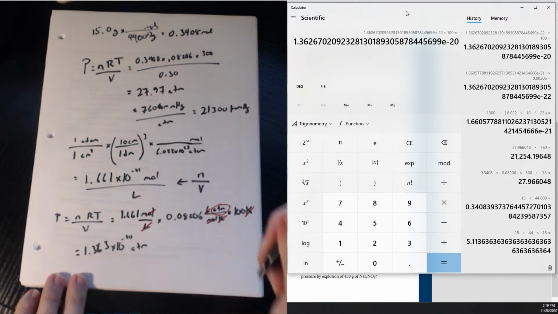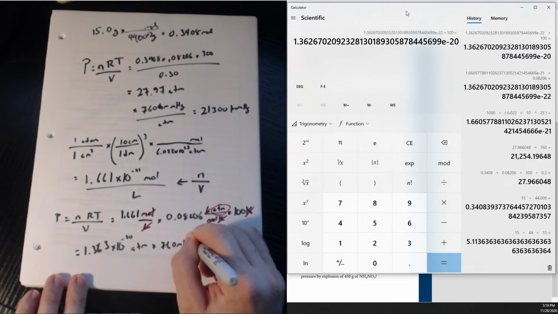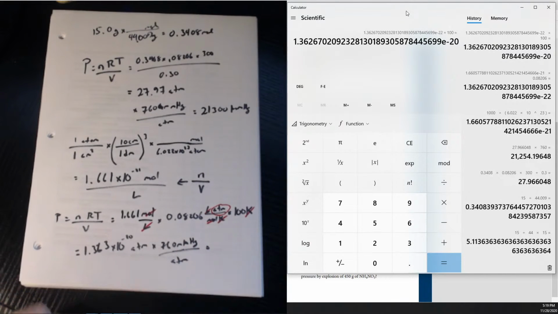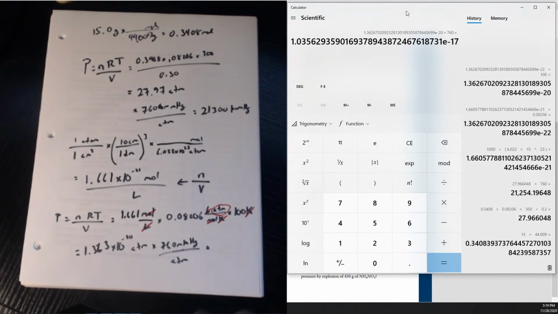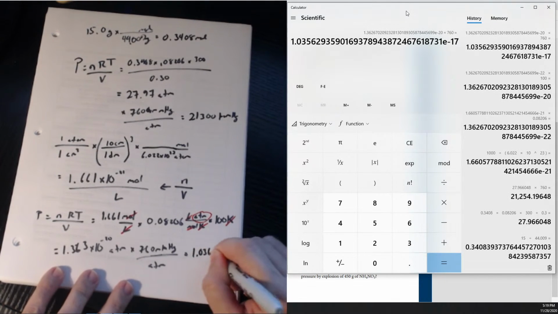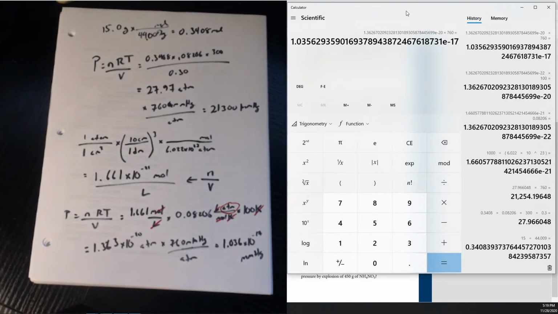But they wanted it in millimeters of mercury, so times 760 millimeters of mercury per atmosphere. Still going to be really low: 1.036 times 10 to the negative 17th millimeters of mercury. In space, no one can hear you scream because the gas is too attenuated.